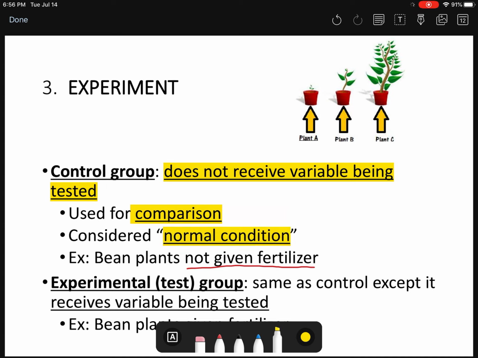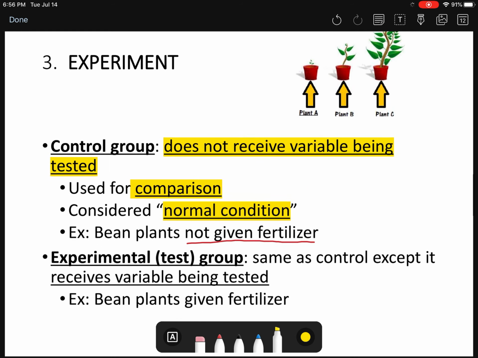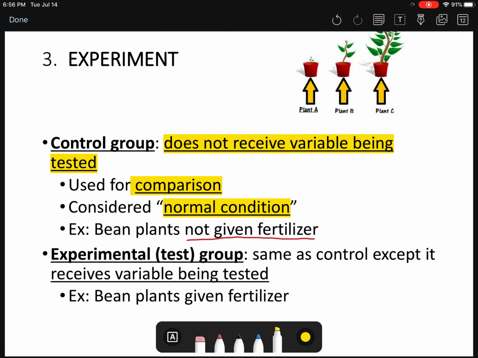And then if you're changing it somehow, then the group that you're changing is what we call the experimental group. Okay? The experimental group has everything the same as the control group, except it receives the variable being tested. So sometimes we call it the test group, but we want you to learn experimental group versus control group. Now, sometimes an experiment might only have one experimental group.